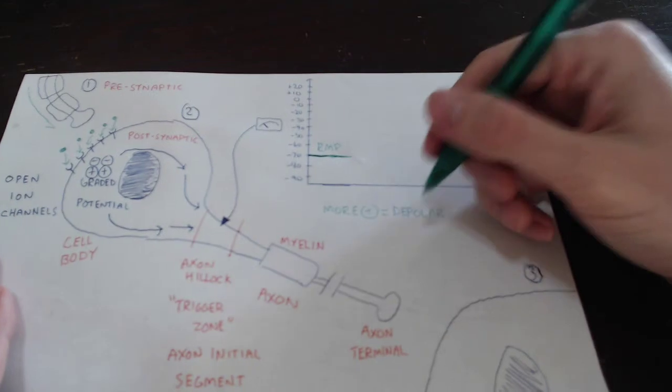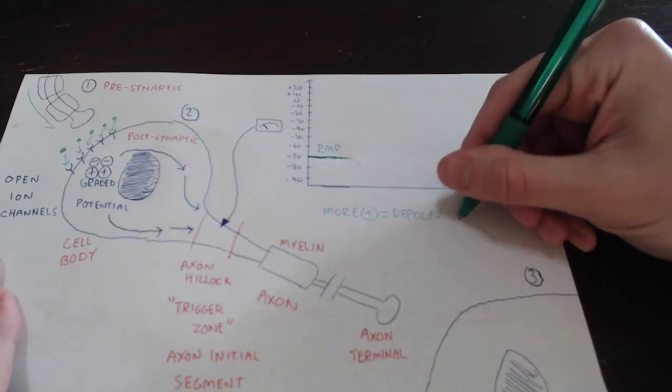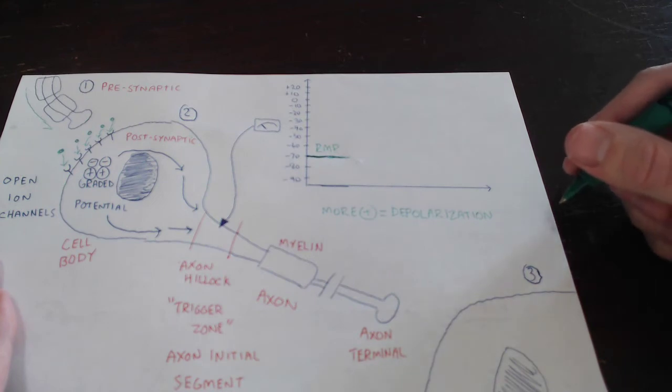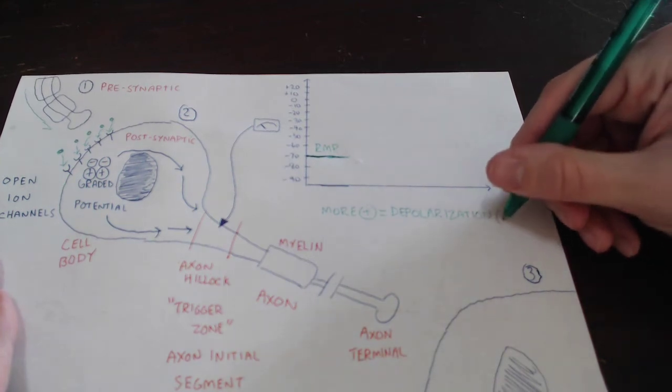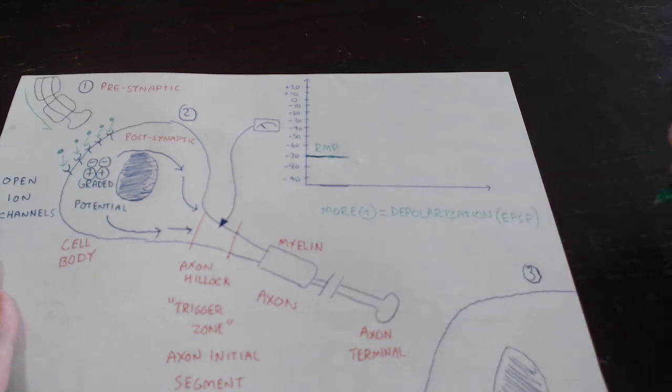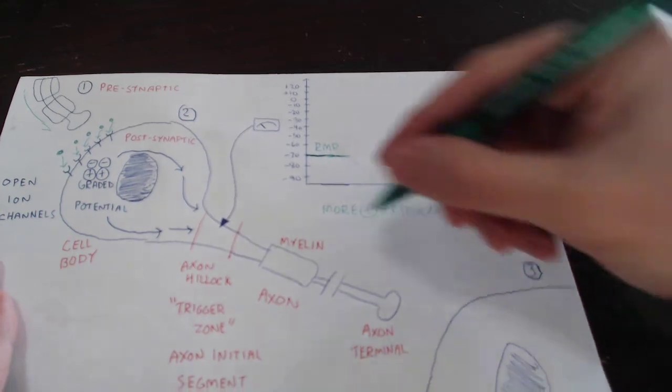Move this over here so you can see it better. Depolarization. And the type of graded potential that gives you depolarization is called an EPSP, or an excitatory postsynaptic potential.